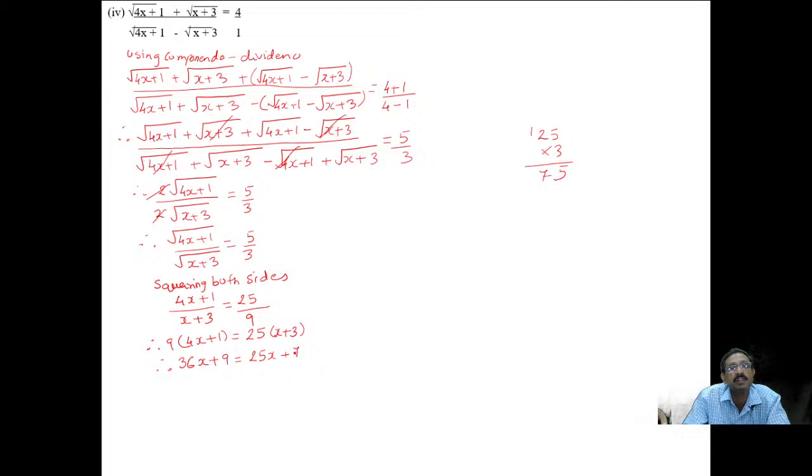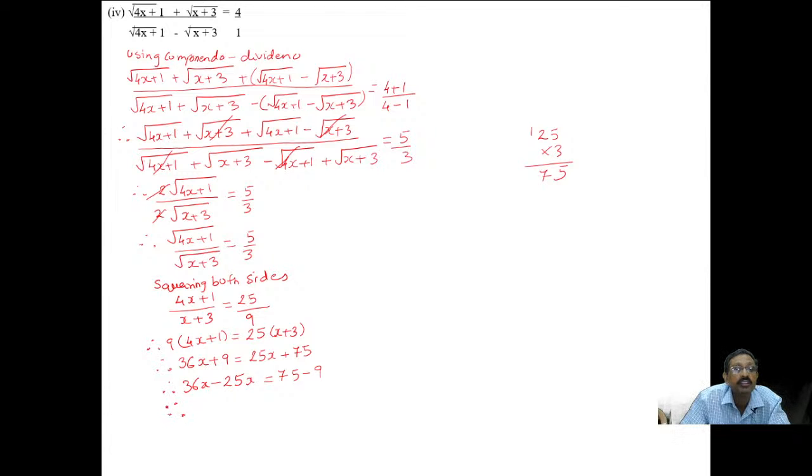This gives me 75. Now, if you look here, what can be done? Therefore, 36x, I will bring this 25x to my left hand side. When I bring this to the other side, it will become minus 25x, which is equal to 75. I'll bring this plus 9 here, it becomes minus 9.